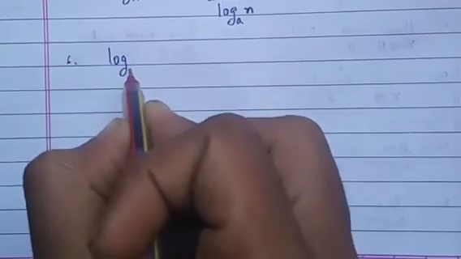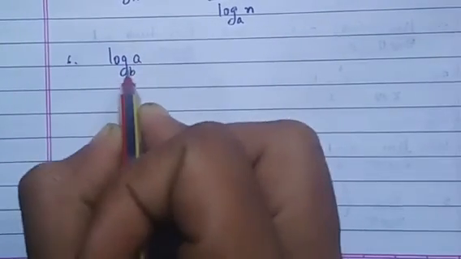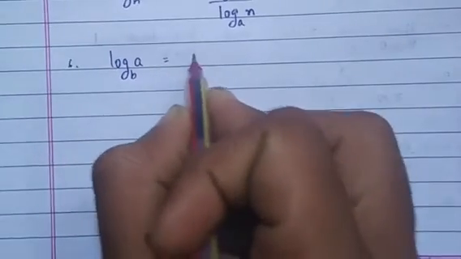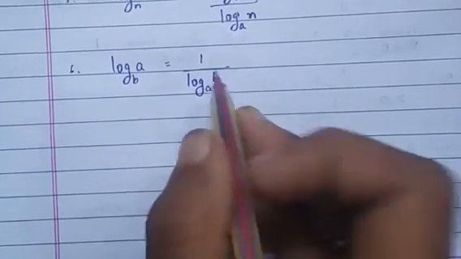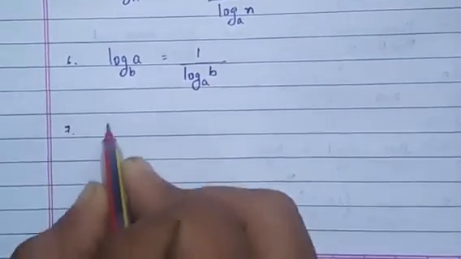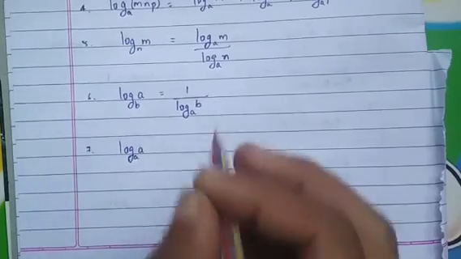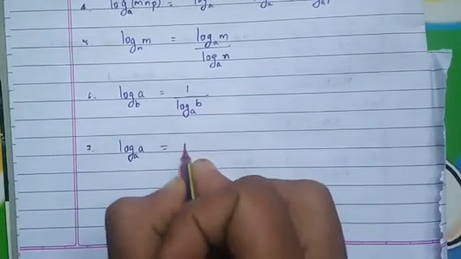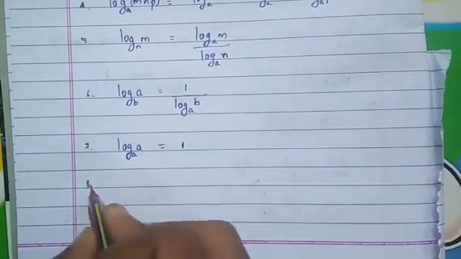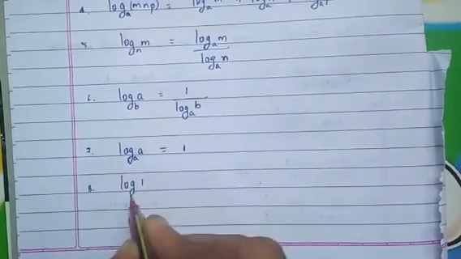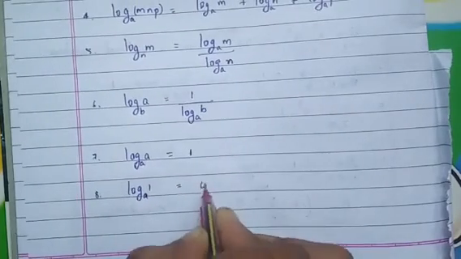And sixth one is log a base b which is equal to 1 over log b base a. And seventh one is log a base a which is equal to 1. Log a base a value is always equal to 1. And log 1 base a which is equal to 0.